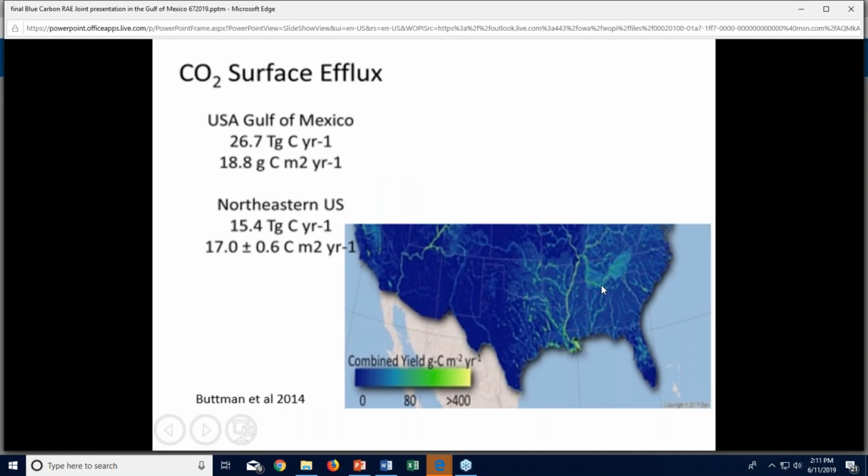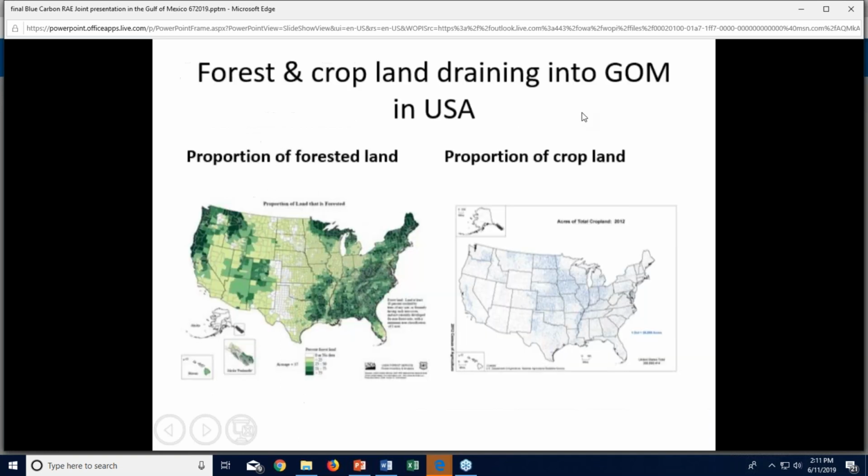So here is the outline of the watershed, and you'll see that there are many, many rivers not necessarily flowing into the Gulf of Mexico. So Buttman's estimate for the Gulf is 26.7. His estimate for the eastern seaboard is 15.4.